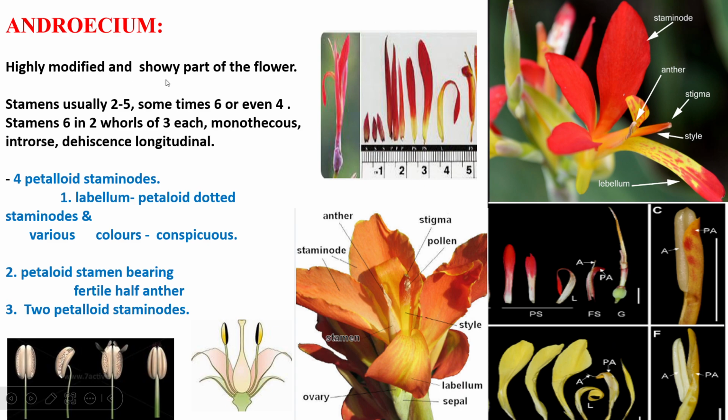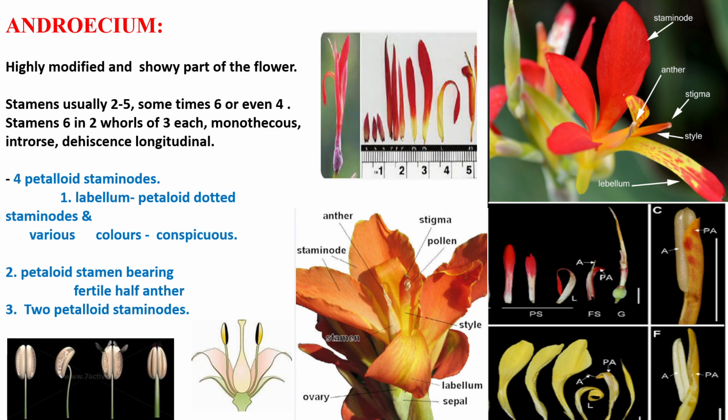Androecium is the male reproductive part of the flower. Here androecium is the highly modified and showy part of the flower. And stamens are usually 2 to 5, sometimes 6 or even 4 also. Stamens 6 in 2 whorls of 3 each.